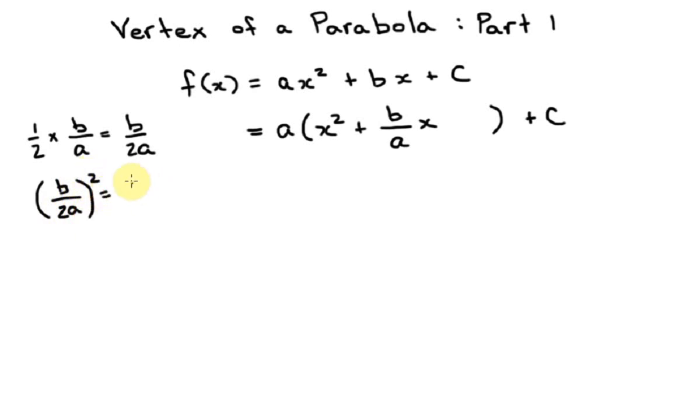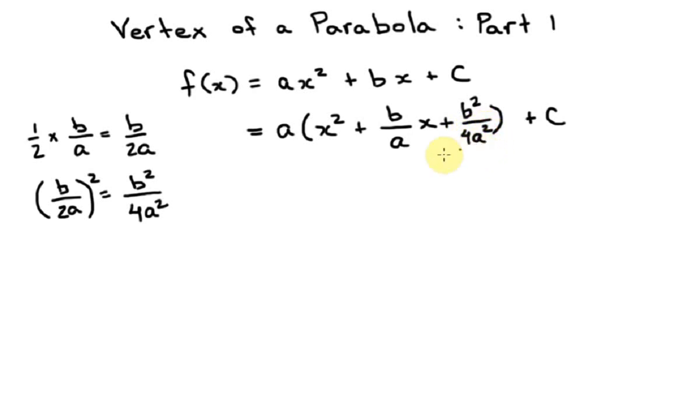So that is b squared all over 4a squared. Okay, so that's what I've got to put in here that will complete the square. So plus b squared over 4a squared.